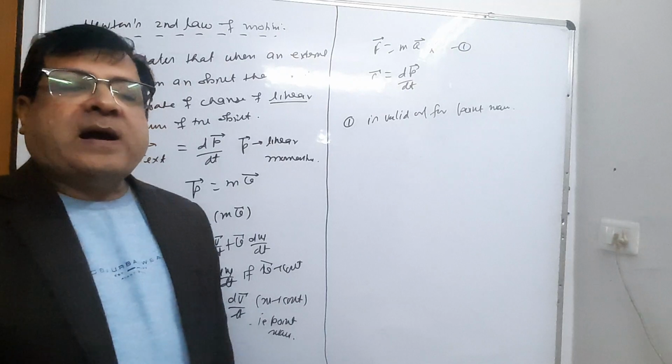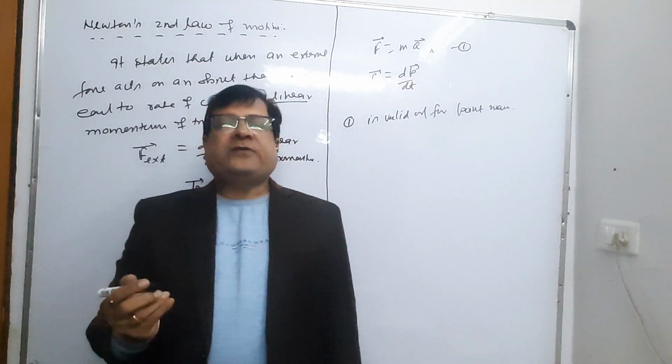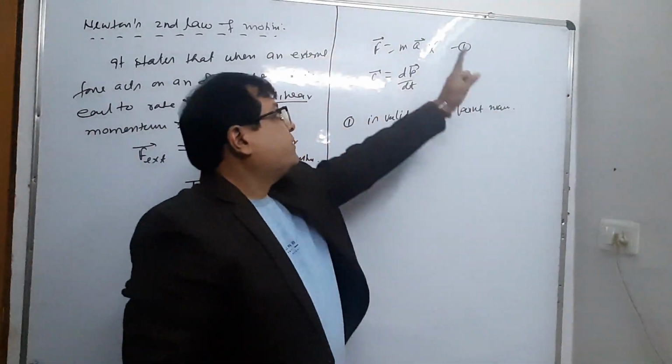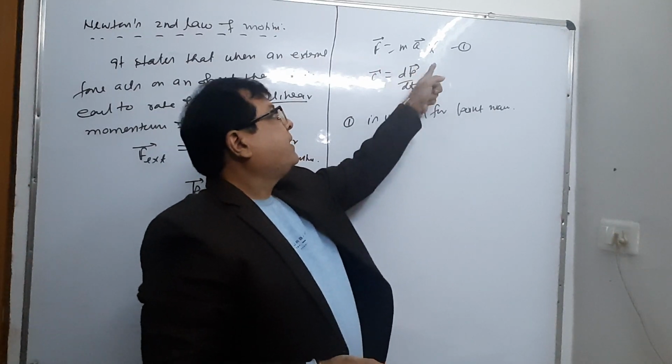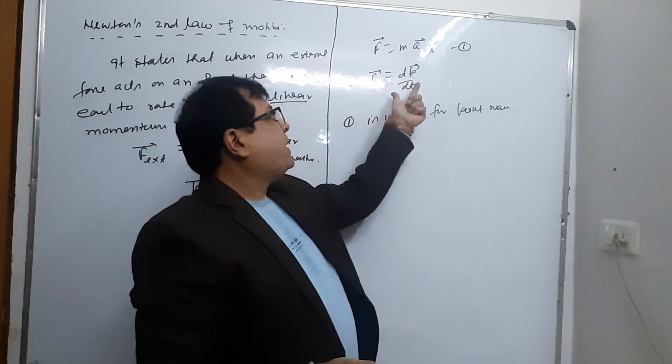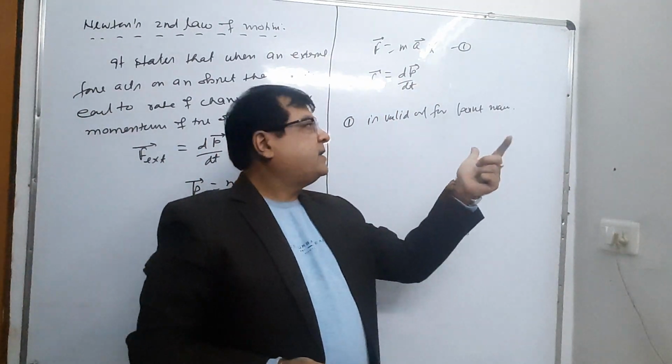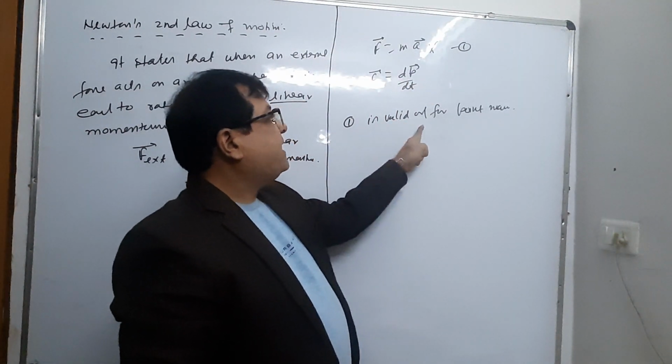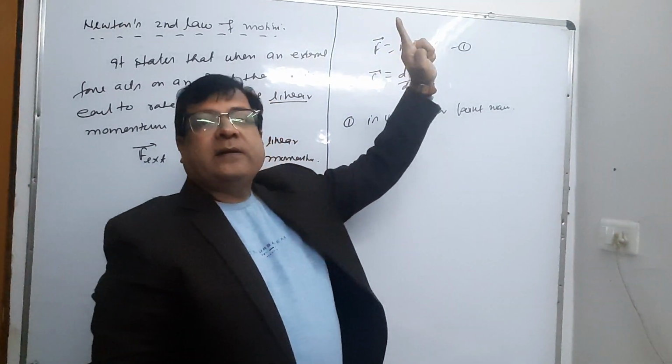So when the mass of the object is constant, then you can use the formula F is equal to ma, then it is correct. But in actual, F is equal to dp by dt.